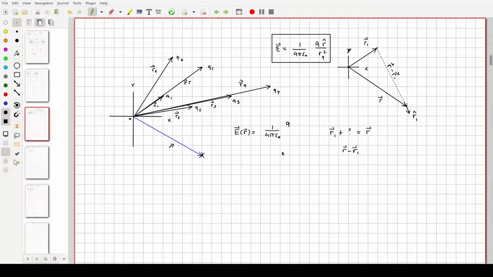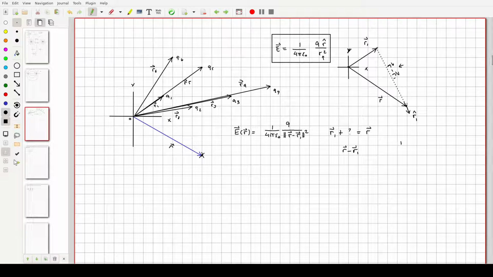There's our charge Q. In the denominator, we have R squared. Now, R squared is really this right here. It's how far away this thing is. So R squared would be the length of R minus R1, squared.